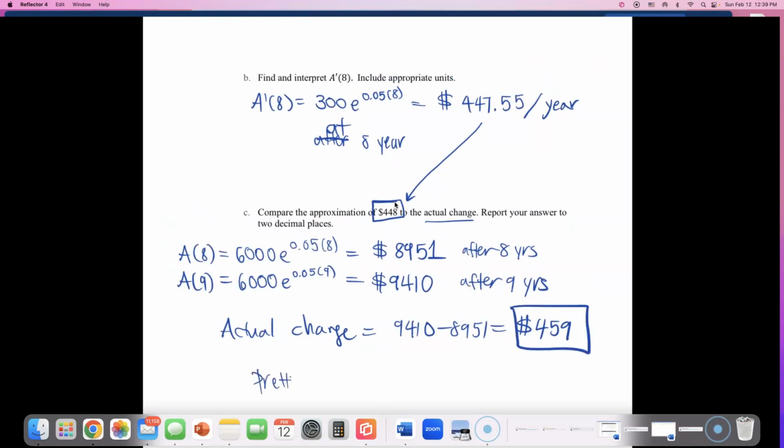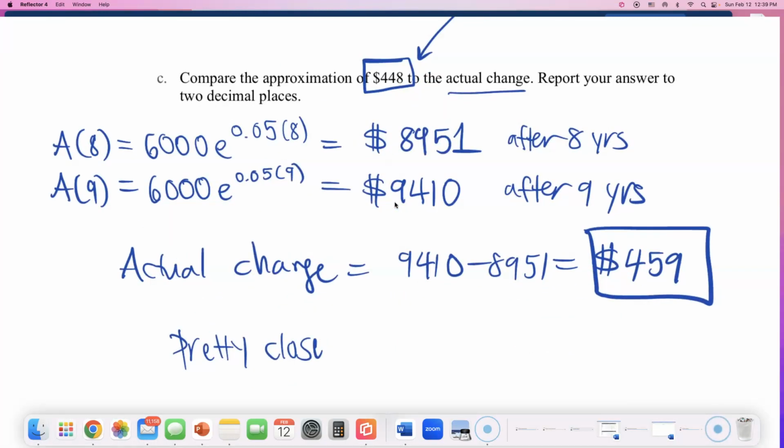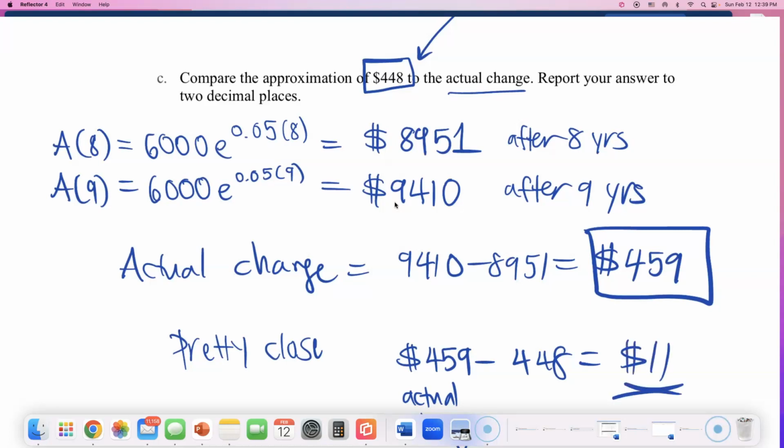I think you may have to subtract to figure out the actual difference on your homework though. So you may take the actual change number, 459, minus the approximation, 448, and get there's like an $11 difference, okay, from the approximation to the actual change.